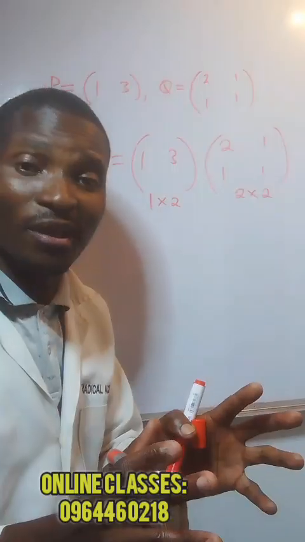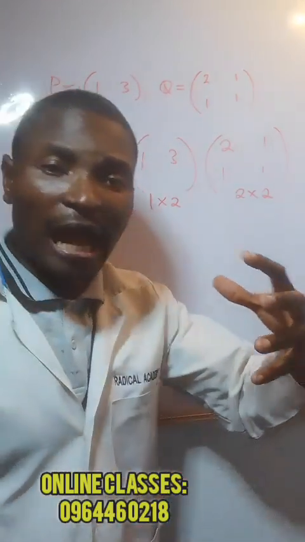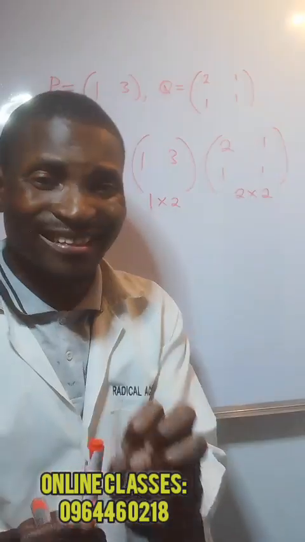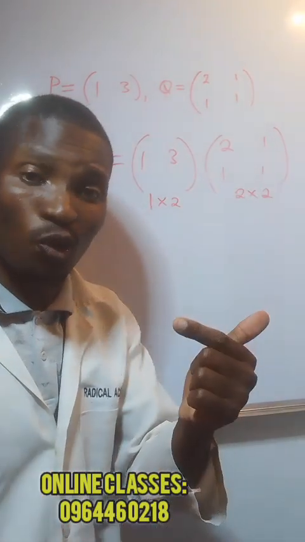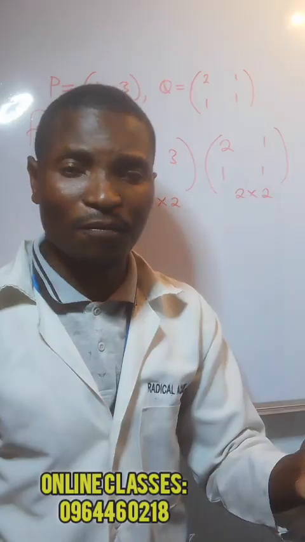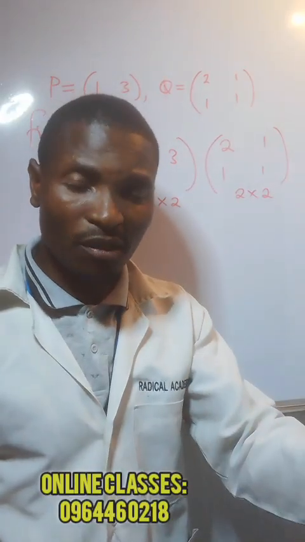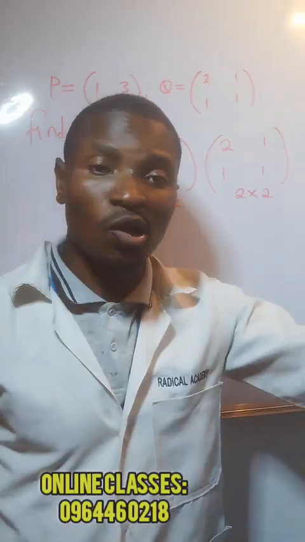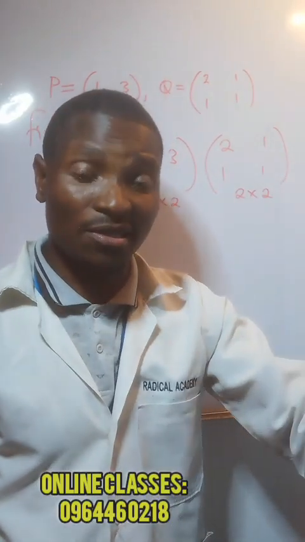The most important thing to understand is how do I know if two matrices can be multiplied together? First of all, identify the order of these two matrices.